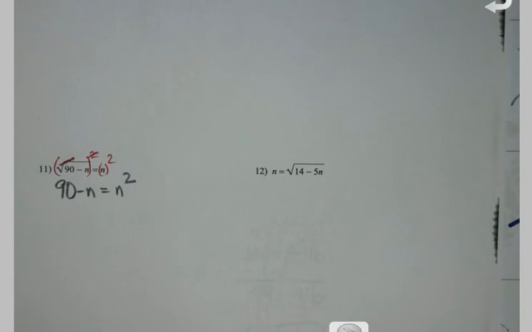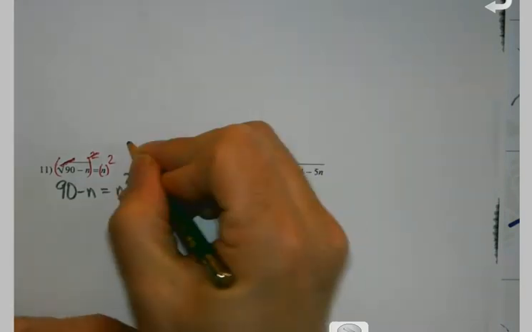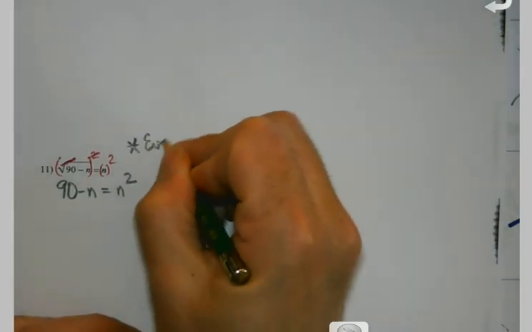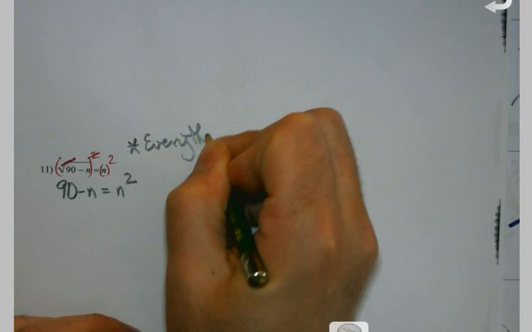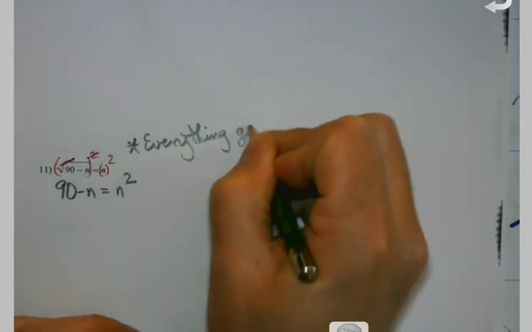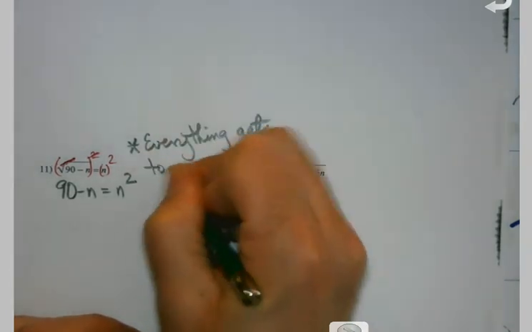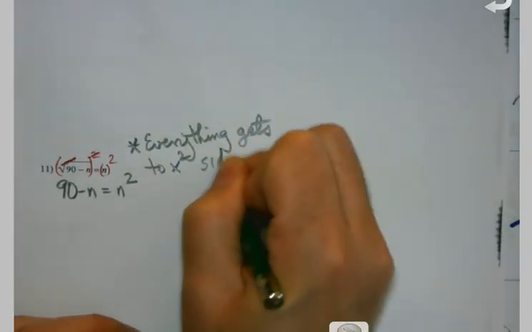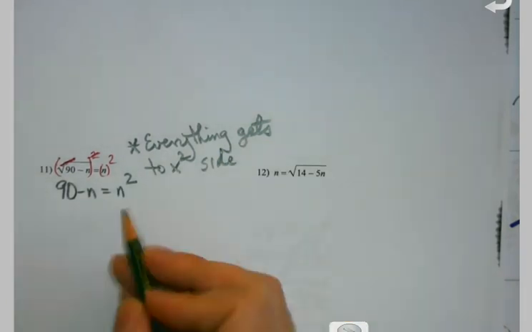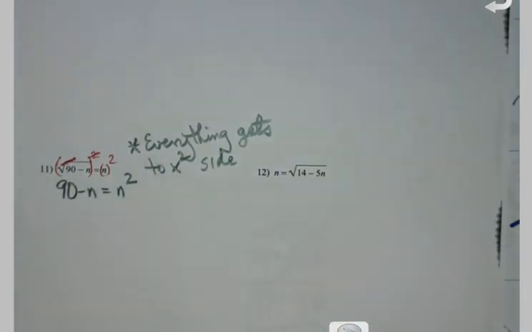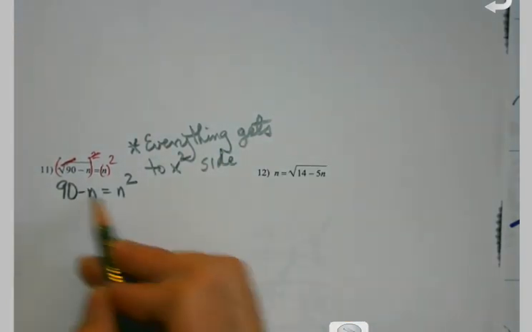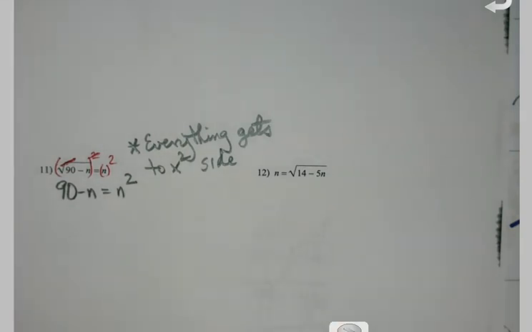Whenever you get n squared, we need to make sure that everything gets to the x squared side. And by that I mean, here's the n squared side, or x squared, or whatever variable squared it is. I want to keep moving everything to that side.